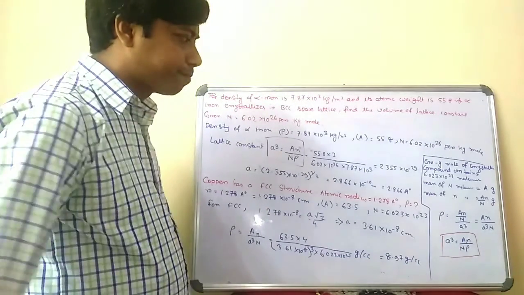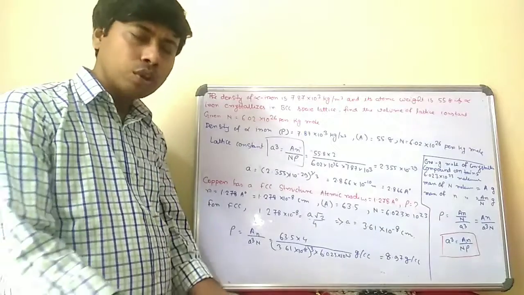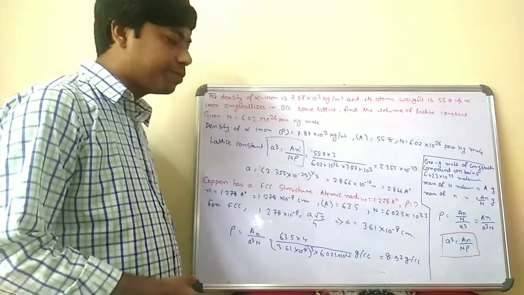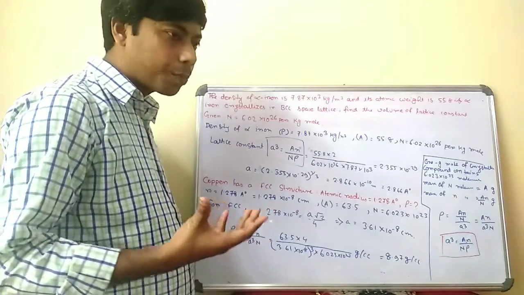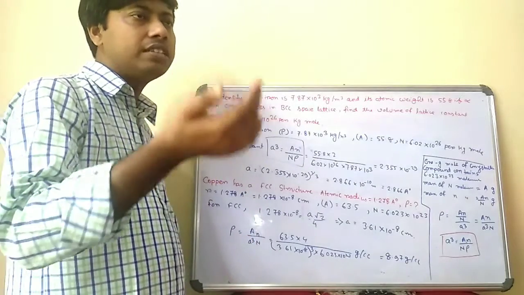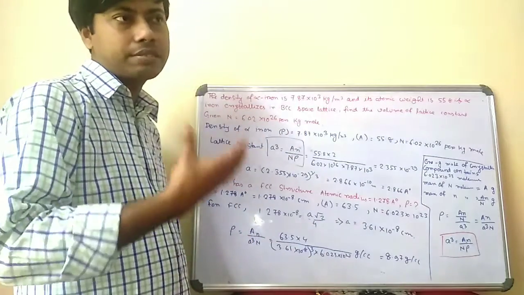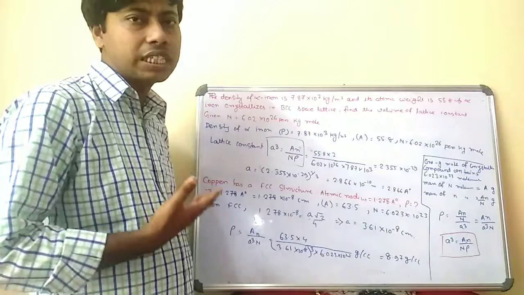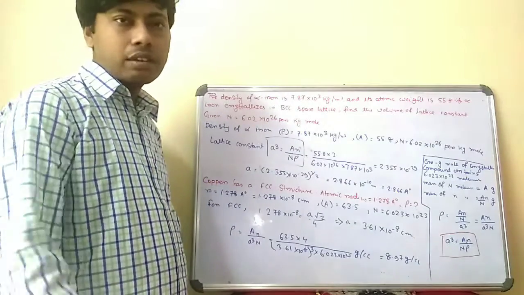So in this way, if you know the atomic weight, the density, and the number of atoms per unit cell, for a material that follows a crystal structure, that may be simple cubic, body centered, or hexagonal close pack.